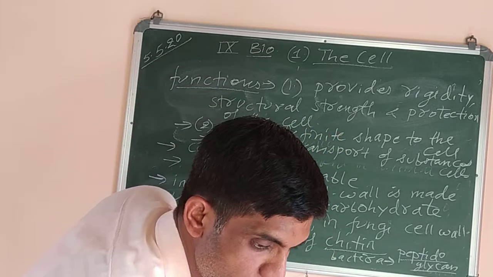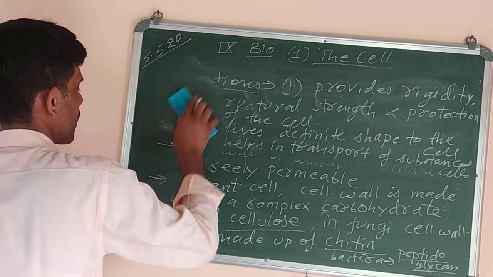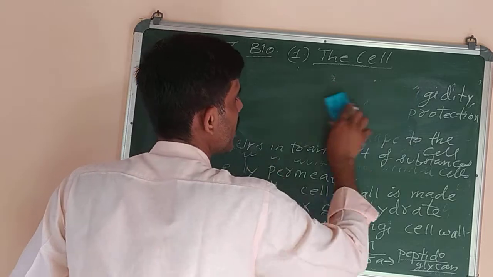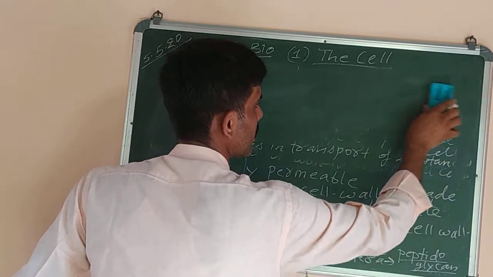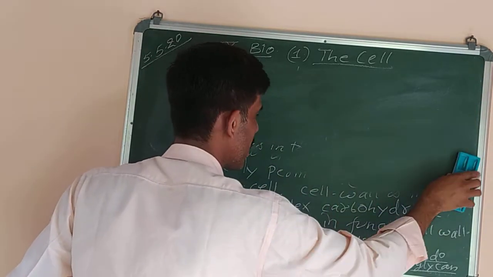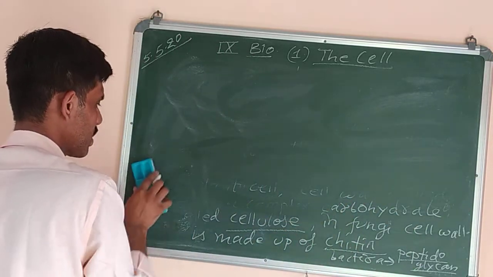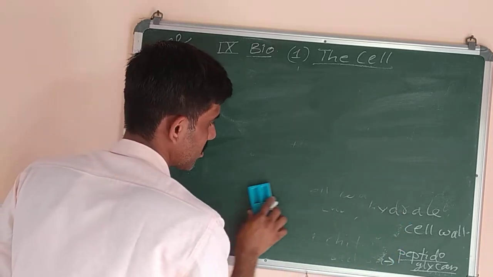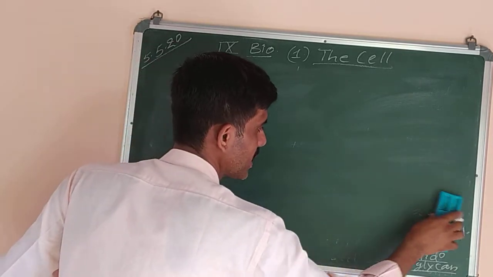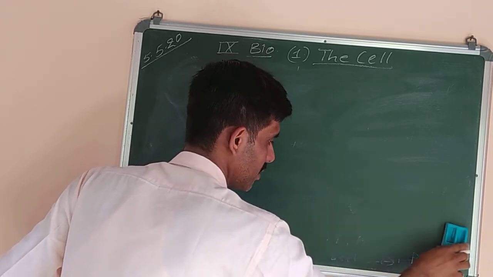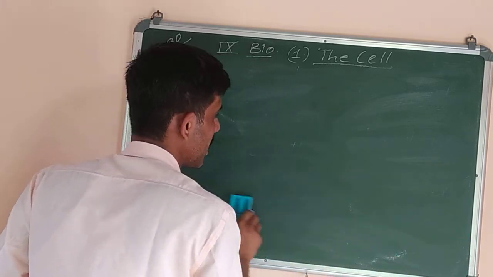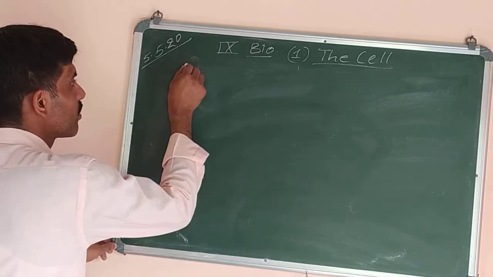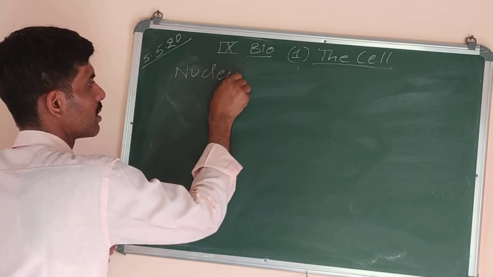Okay. Now, the next topic we have to do is the nucleus. Nucleus is a very important cell organelle, an important part of the cell, because it is called the brain of the cell. Just like our brain controls all our body activities, similarly inside a cell, it is the nucleus which controls all the functions of a cell.